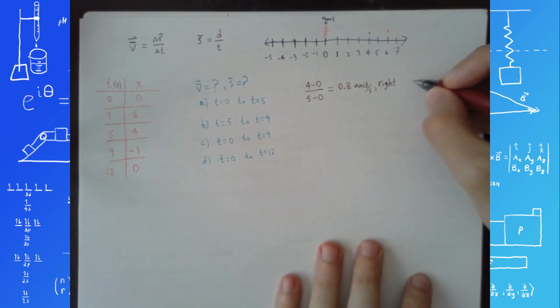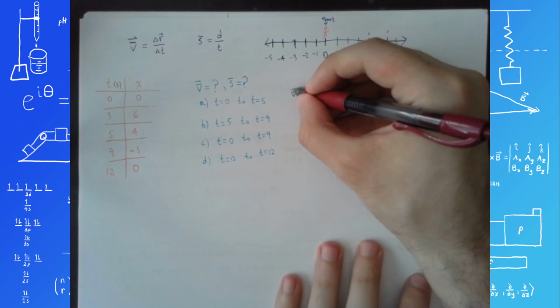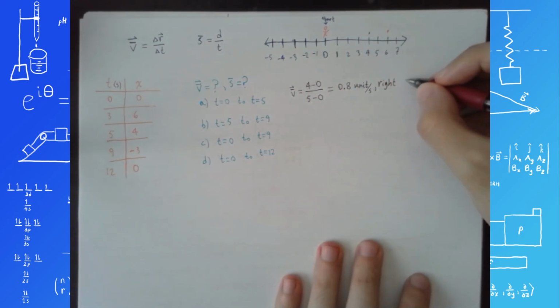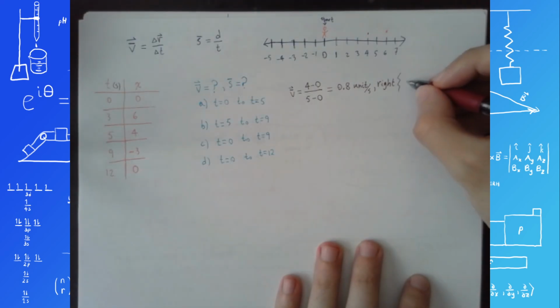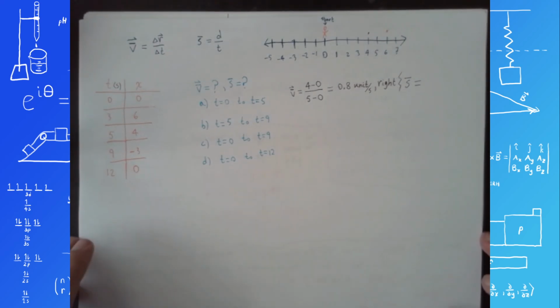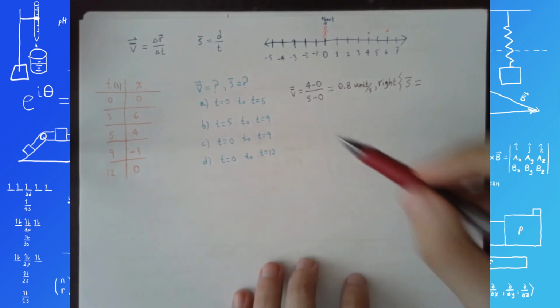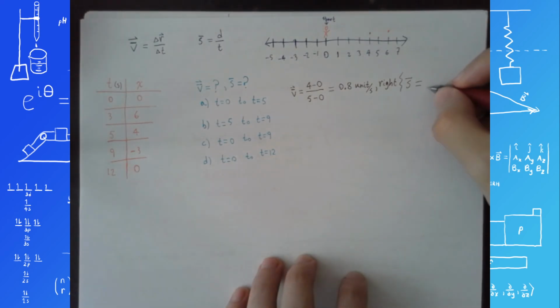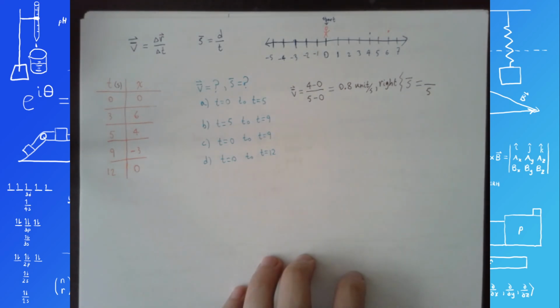What about average speed? So that was average velocity. What about average speed? Average speed is total distance over total time. So the total time is still the same. 5 seconds minus 0 seconds on the stopwatch, it's still 5. But what about the total distance?